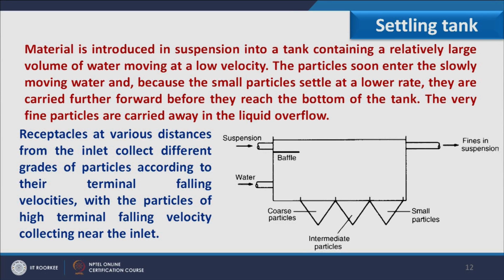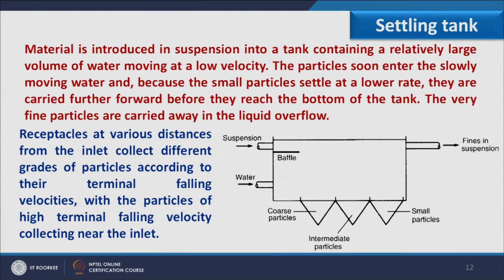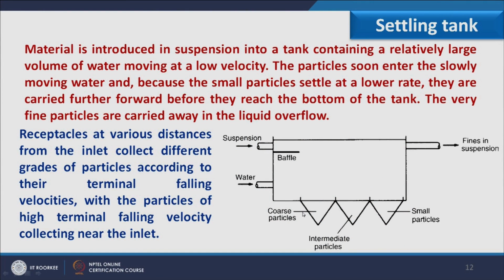So, as far as collection is concerned, different receptacles at various distances from the inlet collect different grades of particle according to their terminal settling velocity. When we consider the chamber closest to the inlet of the suspension, there we have coarse collection, where the heaviest and largest particles are collected.